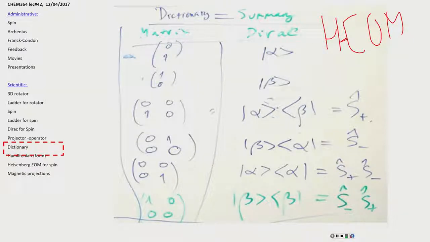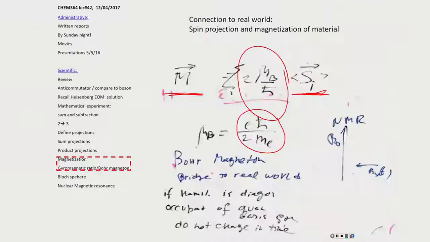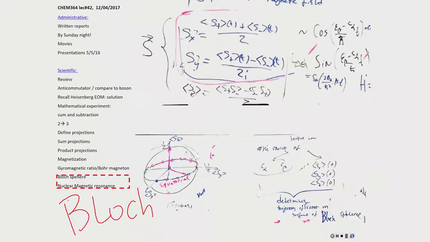Last time we made a dictionary between quantum states of a two-level system, which is spin 1/2, which is also called in NMR a spin, right? It doesn't surprise you. Up and down, two states, degenerate. And there are operators. And here is the connection between spin, expectation values, and magnetization.